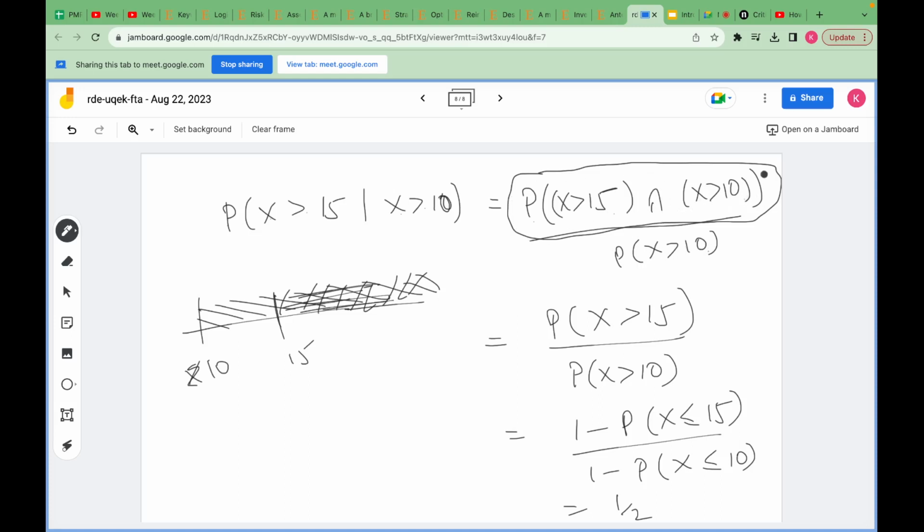The numerator reduces to the probability x greater than 15, because the intersection of the two events is nothing but x greater than 15. Now these can be written as 1 minus the probability x less than or equal to 15, and 1 minus the probability x less than or equal to 10, and by putting in the formulas we get 1 by 2.